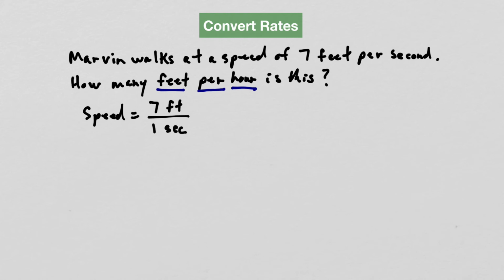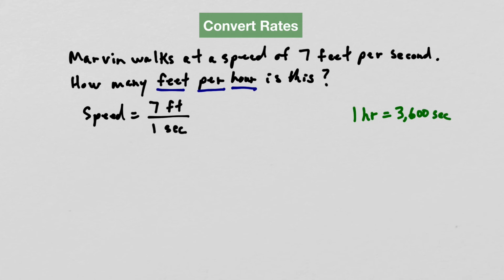Okay, so we already have feet per second. We need to change it to feet per hour. Okay, so what we need to know is the ratio of hour to seconds. So I'm going to write it to the side here, and we say that 1 hour is equal to 3,600 seconds.